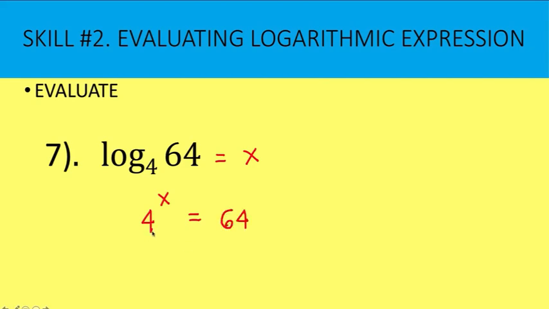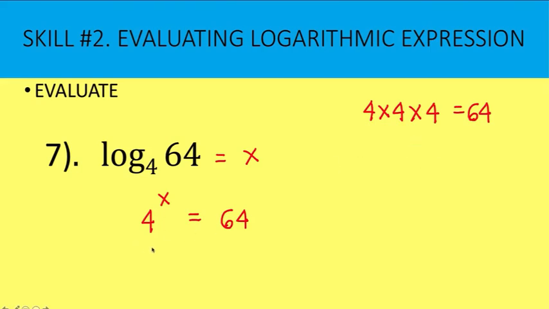This means how many times should we multiply 4 by itself in order to get 64? Now take note that 4 times 4 equals 16 times 4 equals 64. So that means 4 raised to the third equals 64.